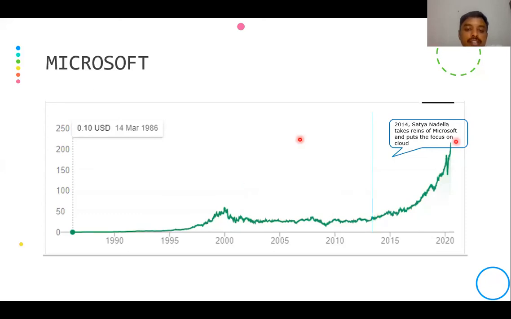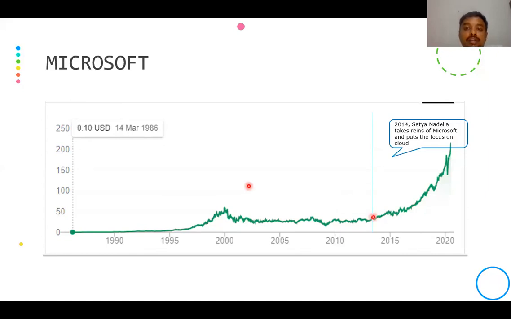In the last 6 years, Microsoft's valuation, or net worth, has gone from $330 billion in 2014 to $1 trillion in 2019. This is a threefold increase in the last 6 years, right?